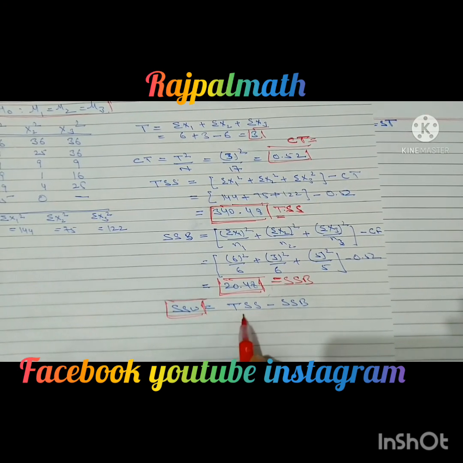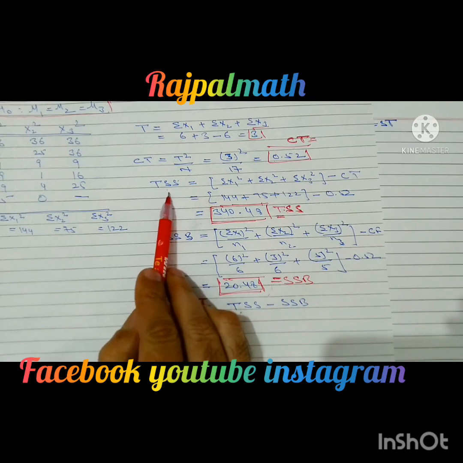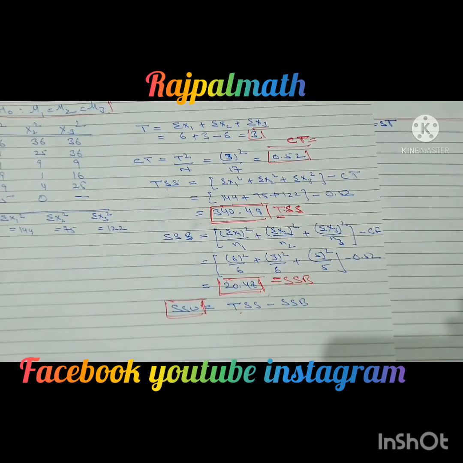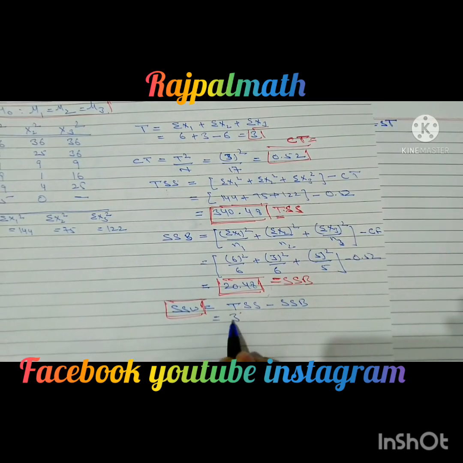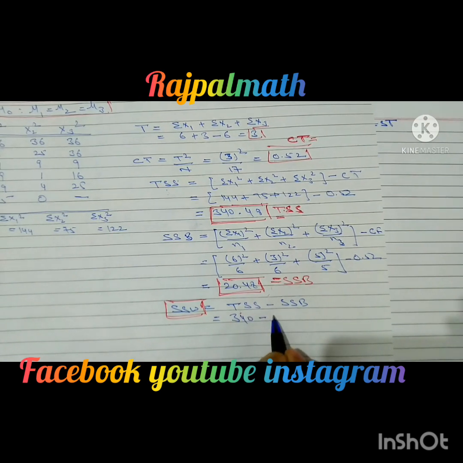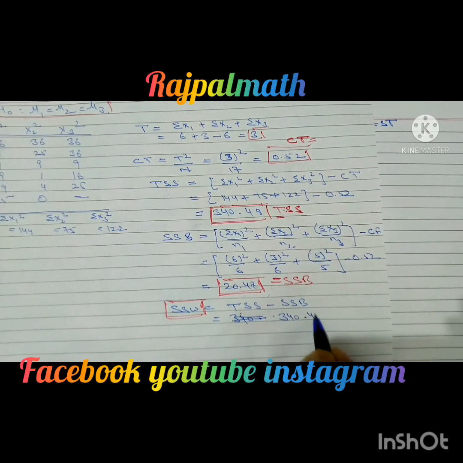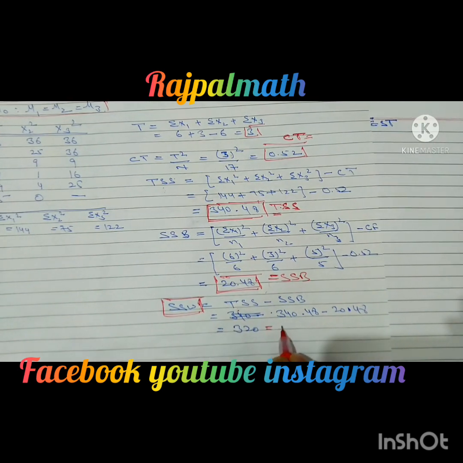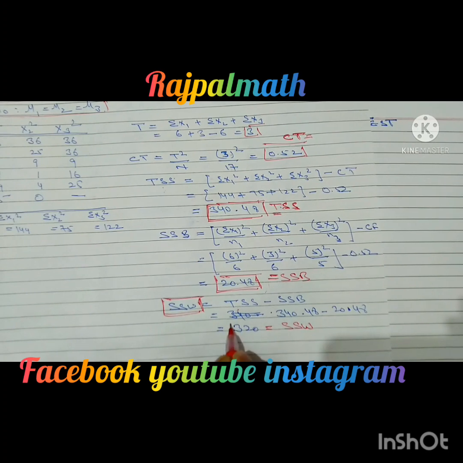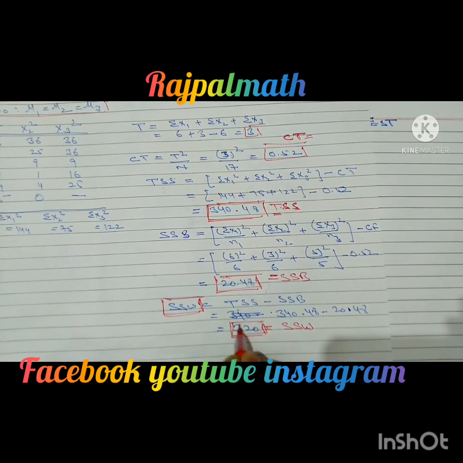The sum of squares within samples is TSS, this one, minus SSB, which means 340.48 minus 20.48, which is equal to 320. So the sum of squares within samples is 320.